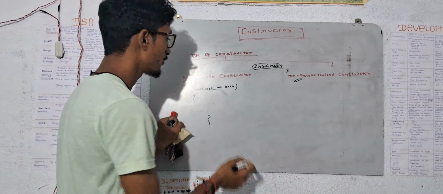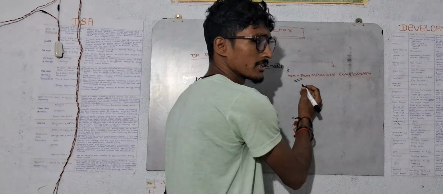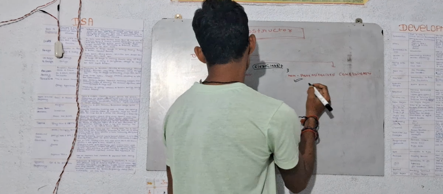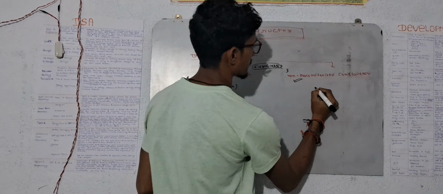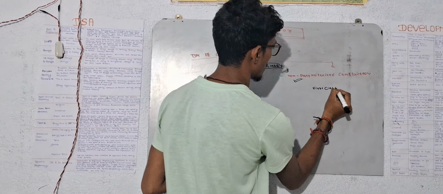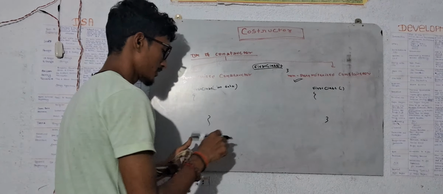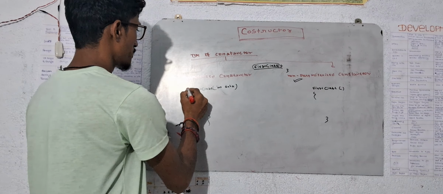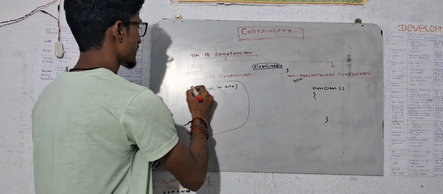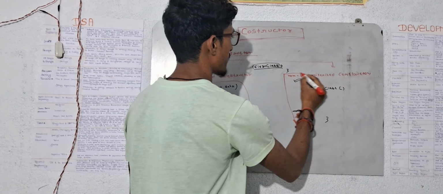This is your parameterized constructor, and now we will write the non-parameterized constructor. This is your parameterized constructor, and this is your non-parameterized constructor.